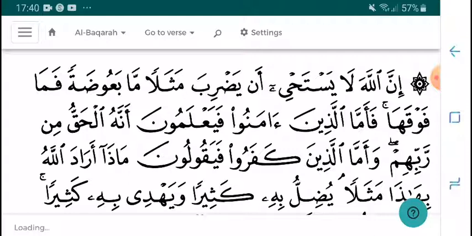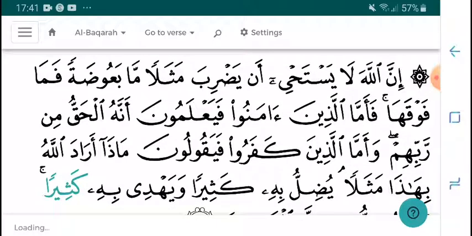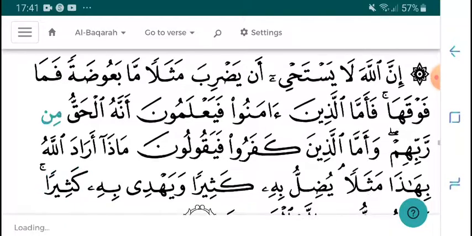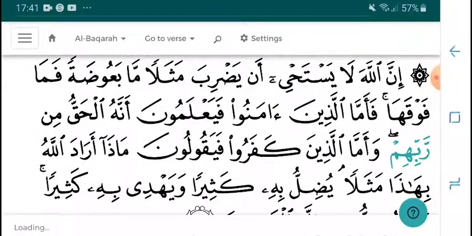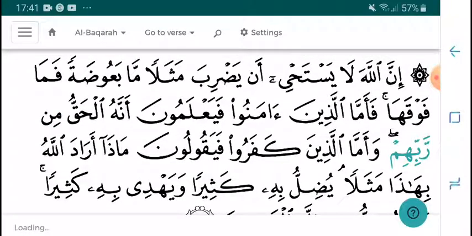Now, if you go to the second line, because I can't highlight this unfortunately, where you will have min as the last word, can you see that? You will see min. I'll try and highlight that for you. Min. And the next word on the third line is Rabbihim. If you notice on the ra, there's a shadda there.